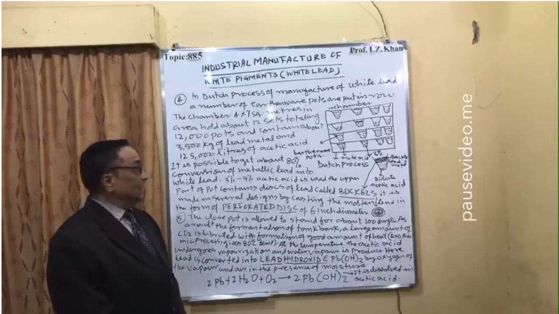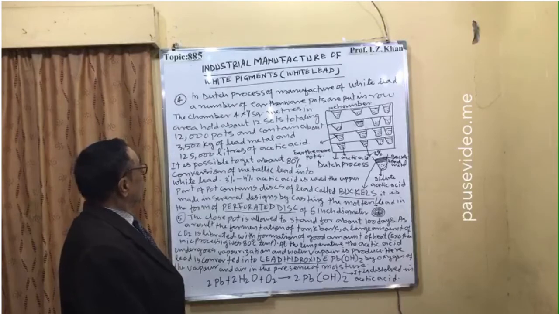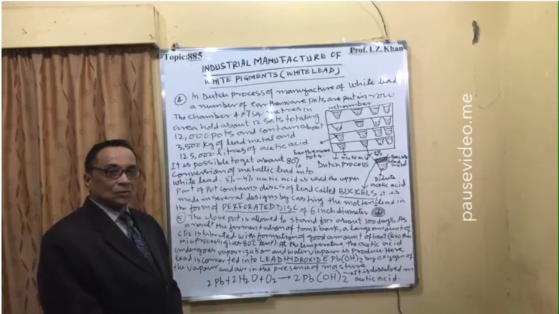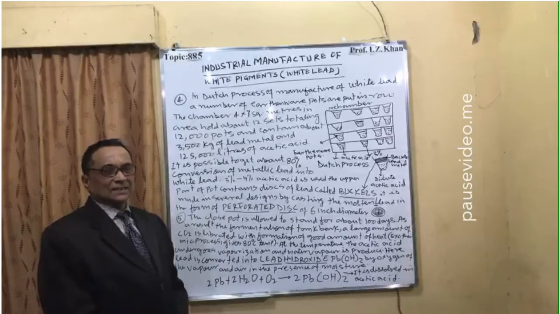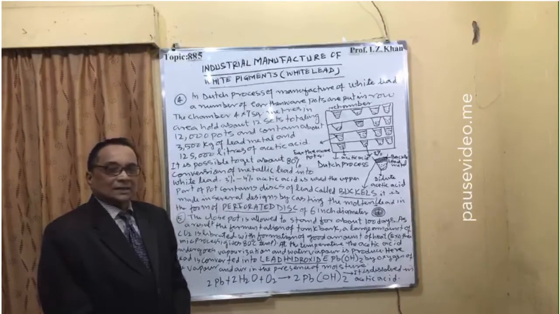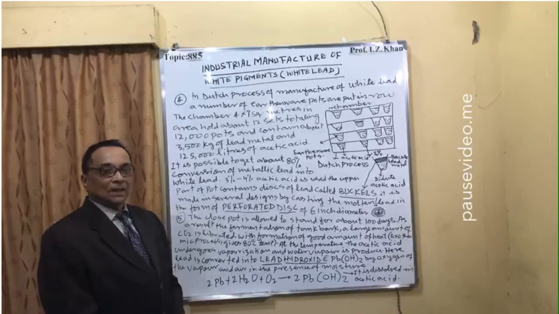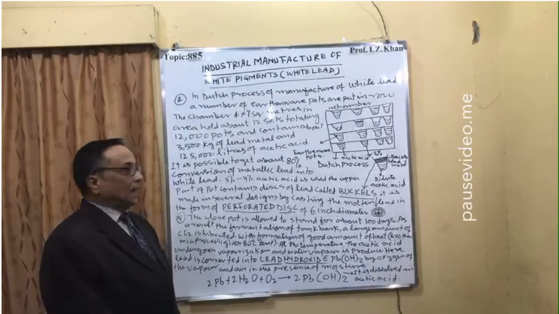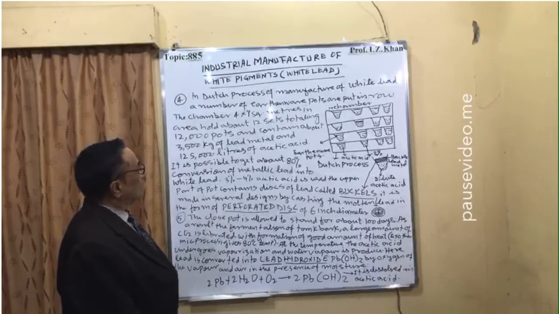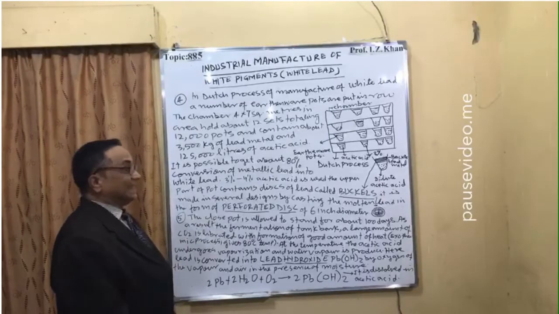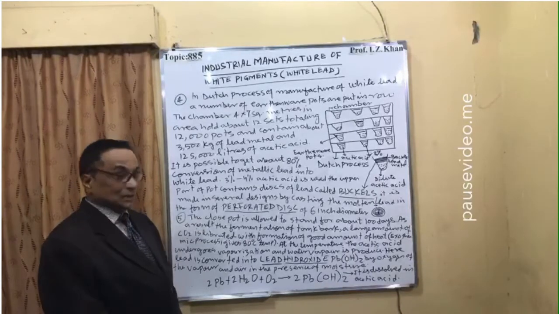and then it is treated with 3 to 4% dilute acetic acid, just the strength of vinegar, or you can say it is treated with vinegar, that is 3 to 4% acetic acid, very dilute. About 125,000 liters is used.